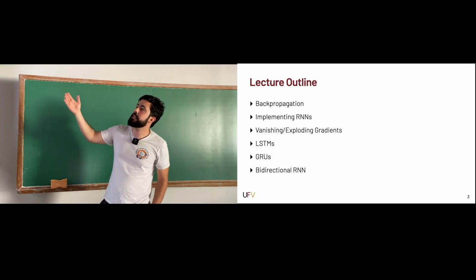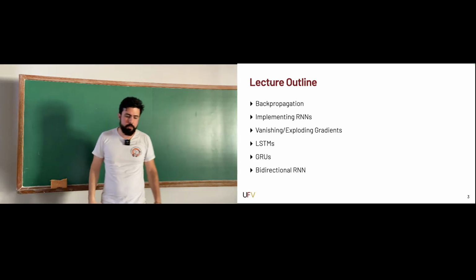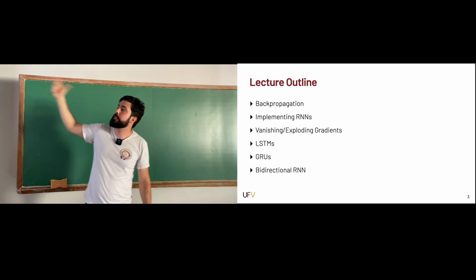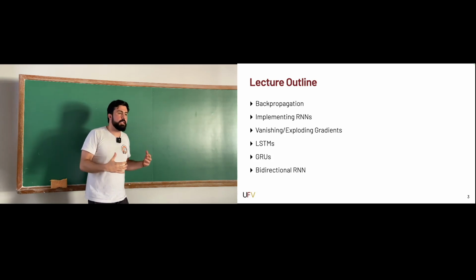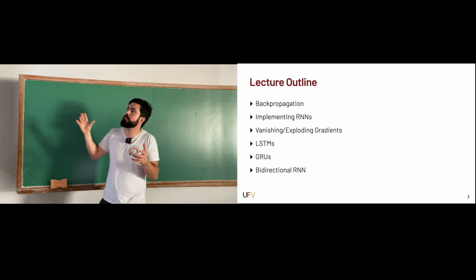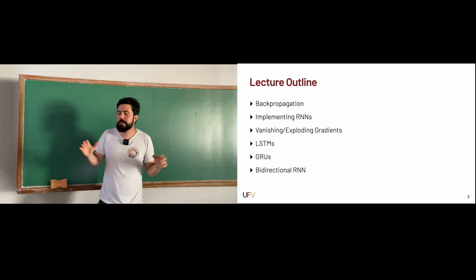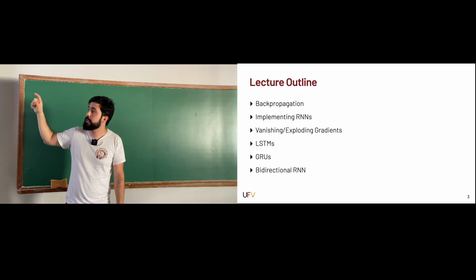The plan for today is to keep talking about backpropagation. We're going to see the equations to do backprop with RNNs. Then I'm going to show you a very compact implementation of a simple RNN. The goal here is to show you that even though they might look scary, it's not that hard to implement an RNN from scratch.